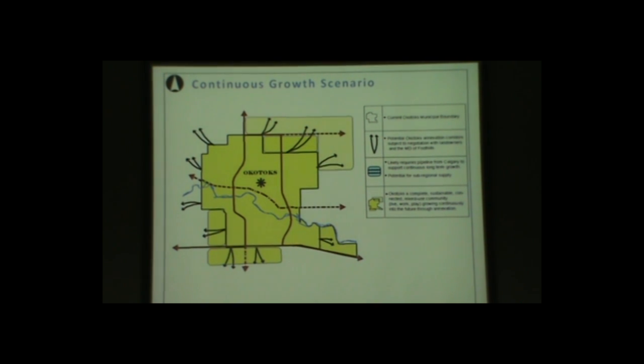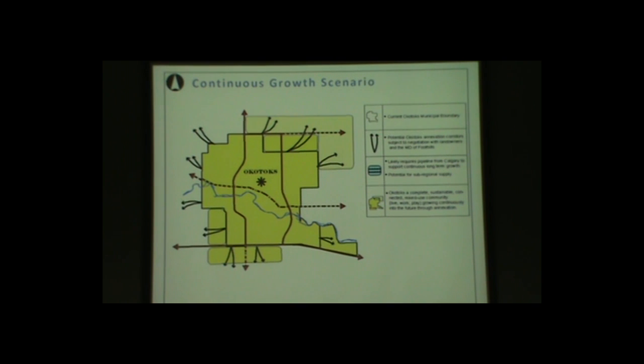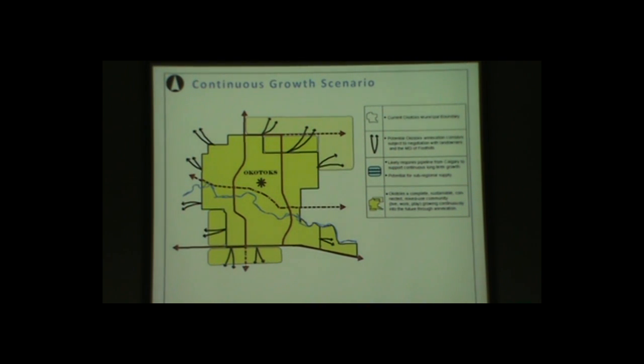Okotoks, certainly under this scenario, could continue to strive to be a complete, sustainable, connected, mixed-use community, growing continuously into the future through annexation. So a key difference would be that the community would grow to a larger population threshold than the current 35,000. And also a key difference would be that there likely would be a need to connect to Calgary treated water supply.